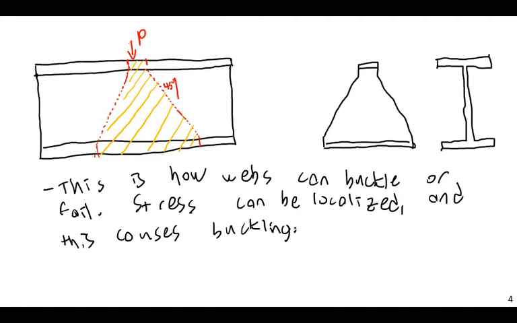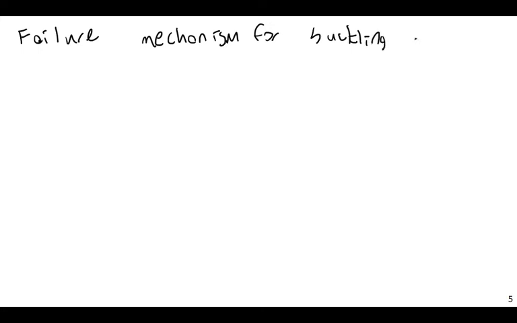Let me also discuss how it would buckle for shear. When a web is buckling through shear, the failure mechanism is very similar. Basically, if you think about this, in order for a portion of a web to buckle under shear, it's going to have to tear away from its bracing.